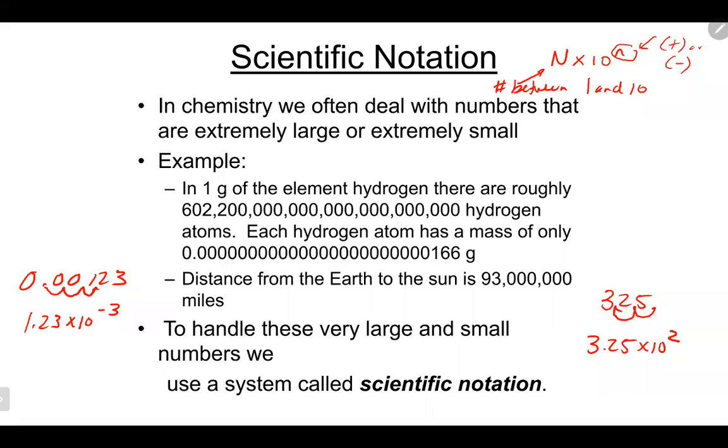Again, I moved it 3 places, and the negative exponent is there because it's a small number. So small numbers have negative exponents, and positive exponents go with larger numbers.